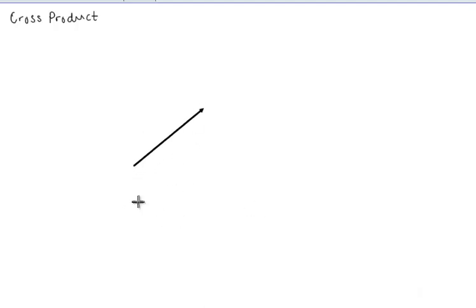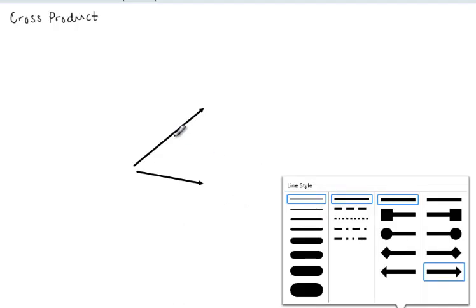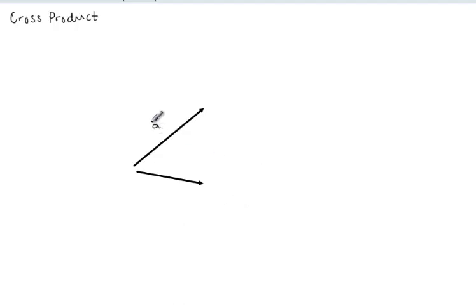Let's say A there, and another vector, let's say B there. Now, what is clear to all of us at the moment is that these two vectors are not parallel. Is that right? Okay. The two vectors are not parallel. Let me put this one this side.